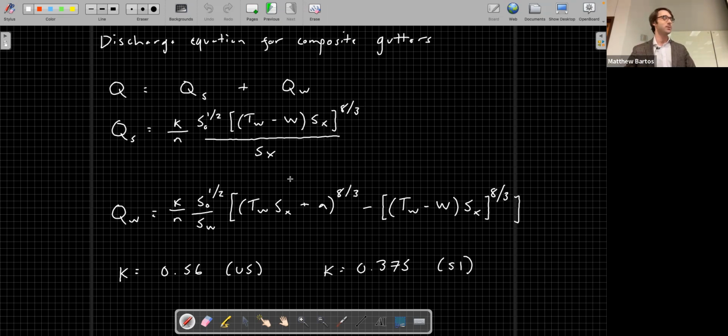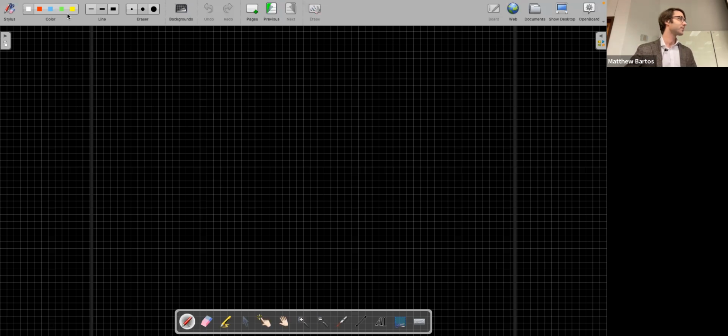So remember these equations, because we are going to do a quick example showing how we can compute the discharge for a composite gutter, and at the same time show the utility of why we might use a composite gutter in the first place. Okay, so let's do the following example.